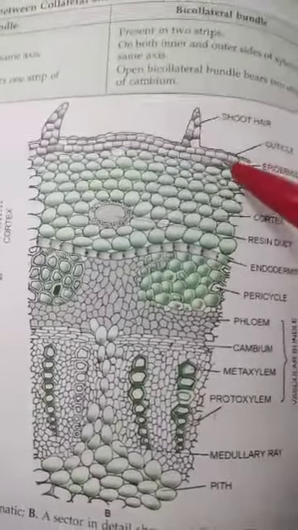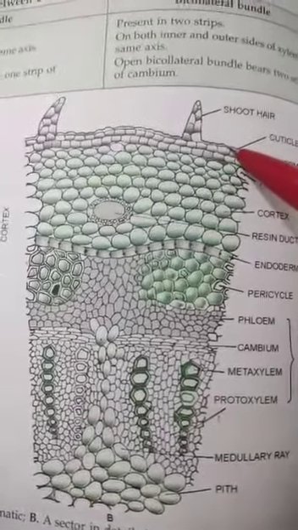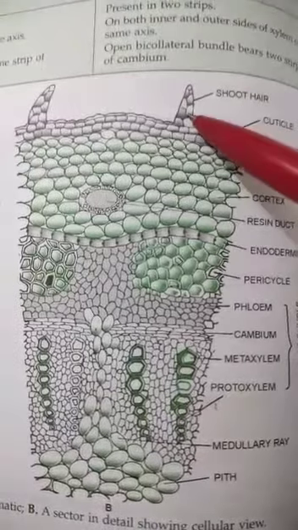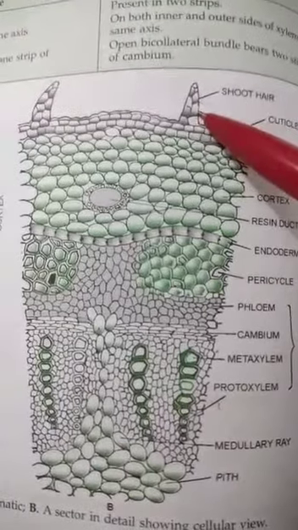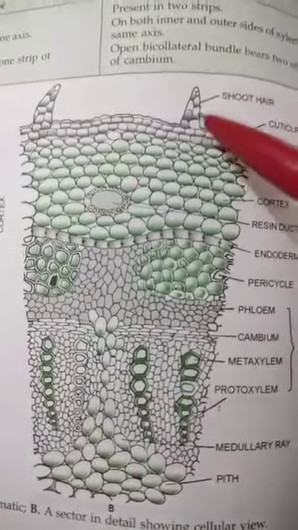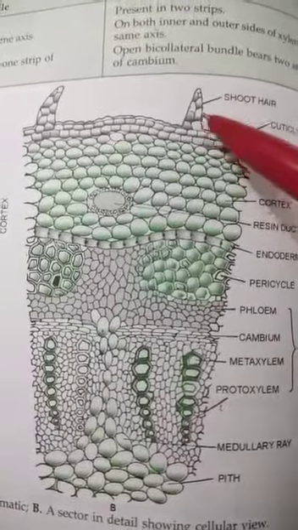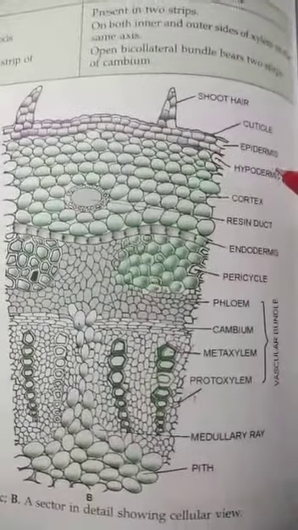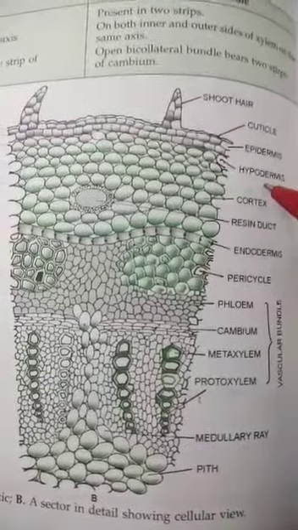First I am going to explain through this diagram, which I am sending you through the notes. The outermost layer of the dicot stem is called epidermis, which is parenchymatous, over which there are multicellular hairs called trichomes. In the previous video we had already discussed trichomes in the epidermal system. After that, the next layer is called hypodermis.